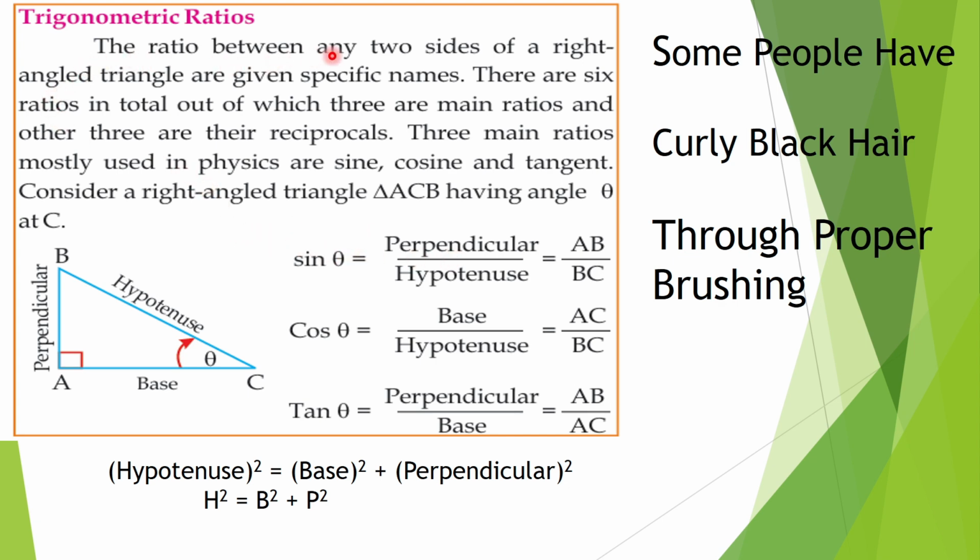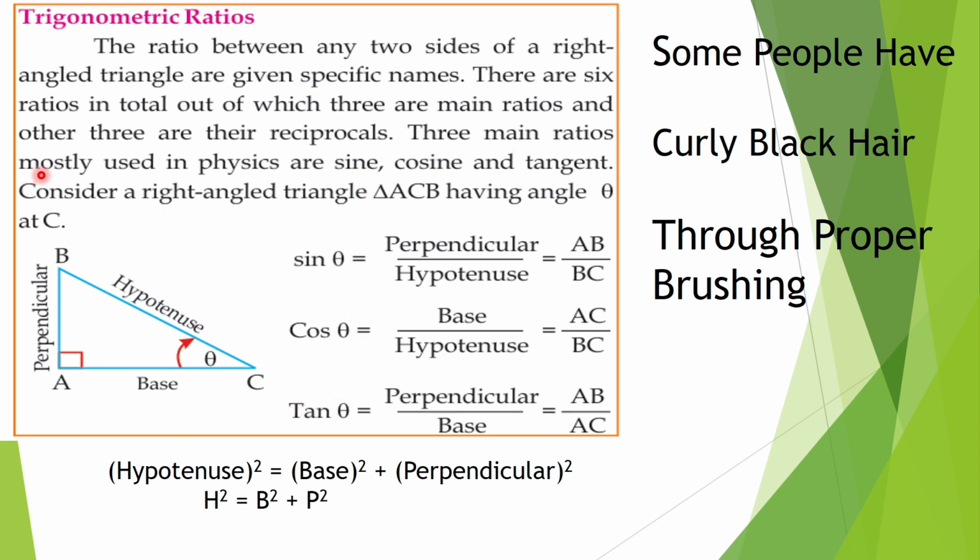The ratio between any two sides of a right angle triangle are given specific names. So these are the specific names. There are 6 ratios in total, out of which 3 are main ratios and the other 3 are their reciprocals. The 3 main ratios, mostly used in physics as well as in mathematics, are sine theta, cos theta and tangent theta.